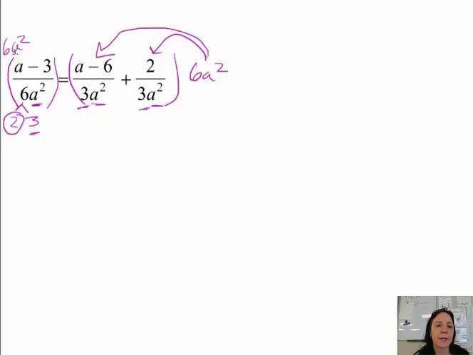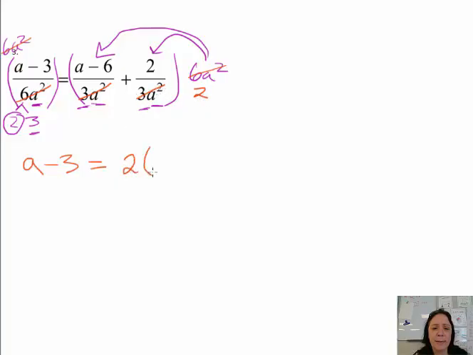So if I start looking at my canceling, this 6a squared cancels with this 6a squared, and I just get a minus 3 over here. Now, this 3a squared cancels only with part of this. It leaves behind a 2, and the same is true here.